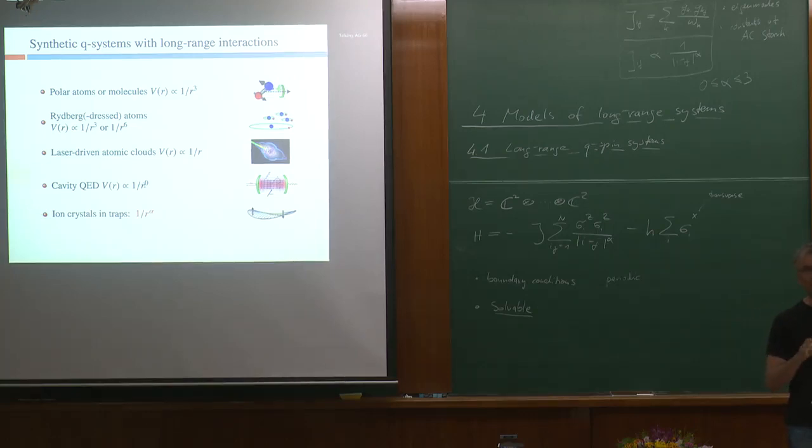In most cases, as you will see, the model will not be integrable. For example, this model will not be integrable. The nearest neighbor version is, and the infinite range version is. I will show an exact calculation for the infinite range model, which is integrable.